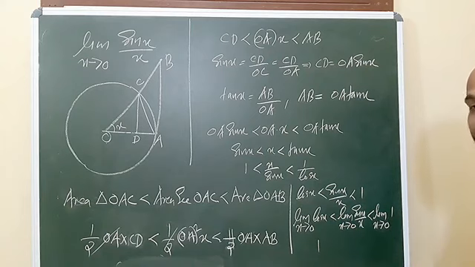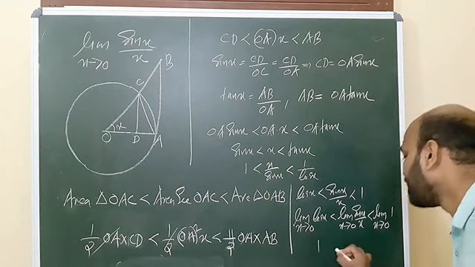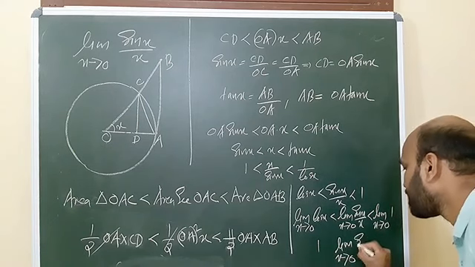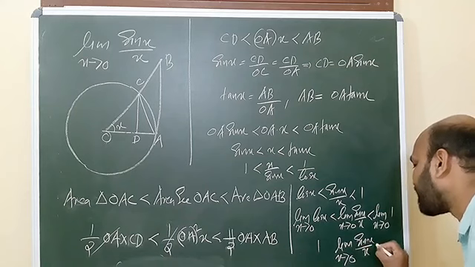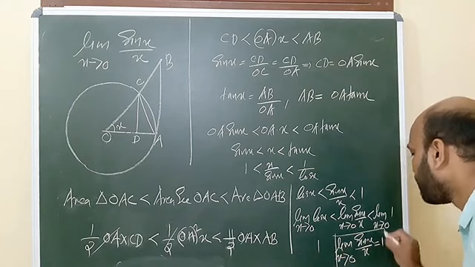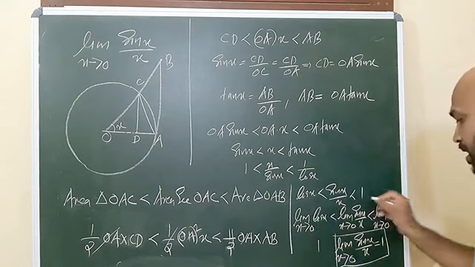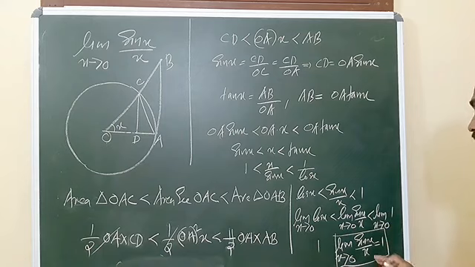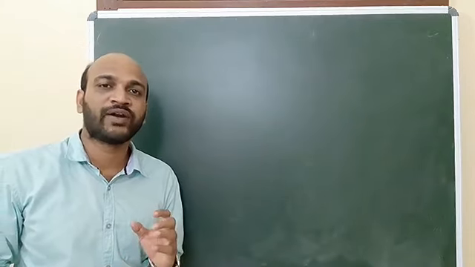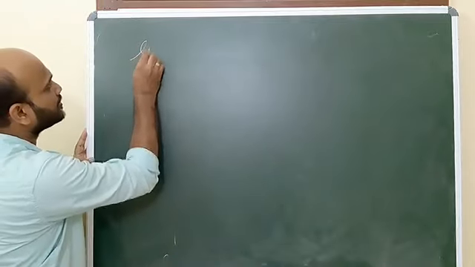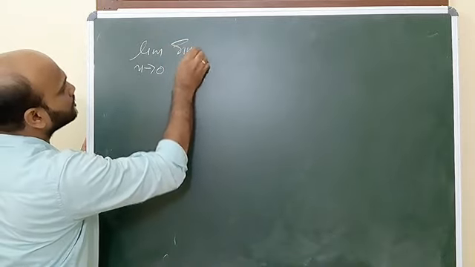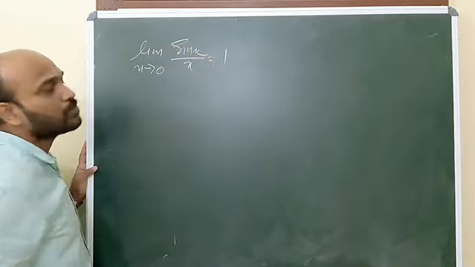Therefore, by using the sandwich theorem, we can say that limit x tends to 0 of sin x by x is equal to 1. Because the lower limit equals 1 and the upper limit equals 1, the limit of the function in between these two should be equal to 1 by the sandwich theorem. So we have studied one important formula, that is limit x tends to 0 of sin x by x is equal to 1.